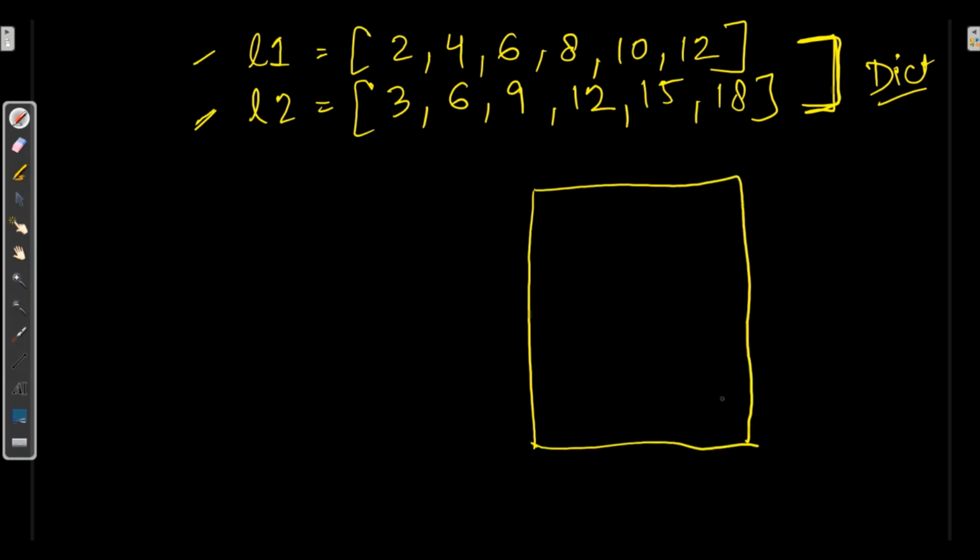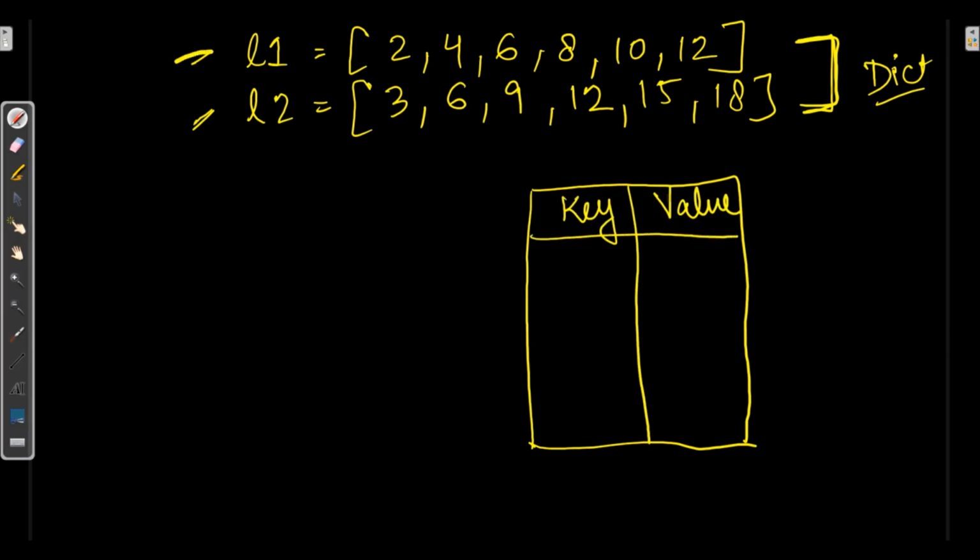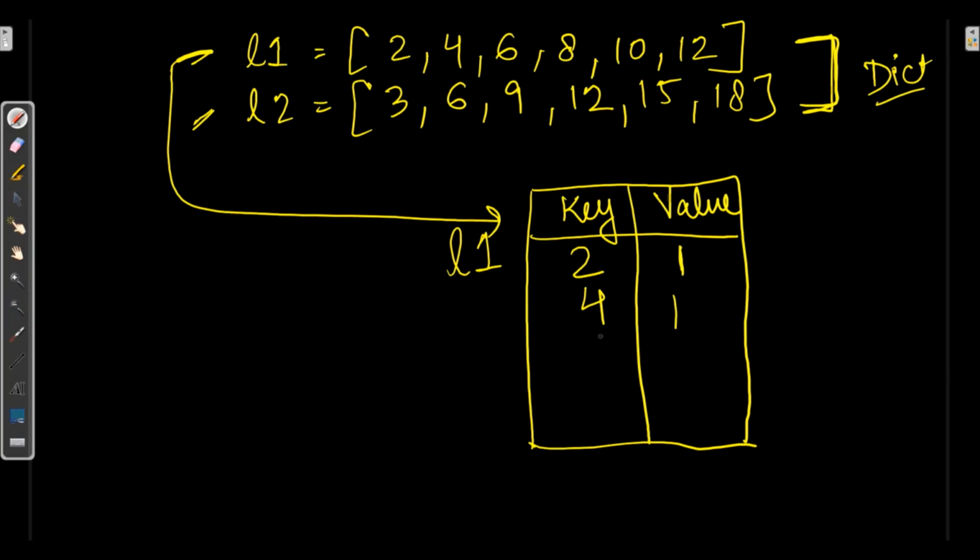As I have also described, a dictionary is made up of key-value pairs. First we will insert L1 into our dictionary so that it has key 2, and we fill each key with 1. Then 4, 1, 6, 1, 8, 1, 10, 1, and then 12, also 1.